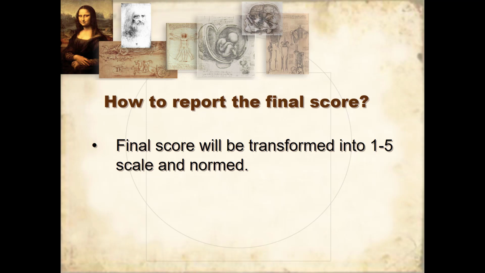So commonly you might do something like multiply it by some number, 10 let's say, and then add 50 to it, and that puts it on a kind of a metric where 50 is the mean, and then the standard deviation is essentially 10. So whatever you multiply it by becomes the new standard deviation. Whatever you're adding to it becomes the new mean. You can transform it to 1 to 5, really whatever scale you want, but that is something you typically would do to present the results in like a hiring context, right?